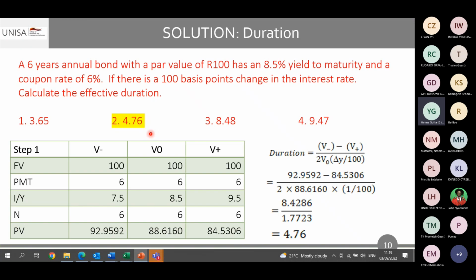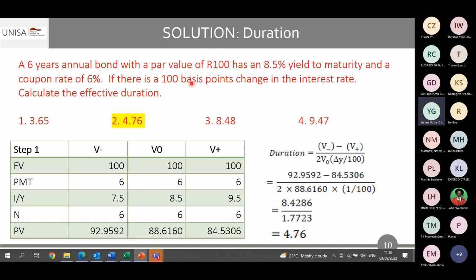So basically you draw up your table. On your table you have V minus, V0 and V plus. I start with the future value. It always remains the same, which is 100. It was given in the question. Our payment is 6. How do we get 6? We say 100 times 6%. If there is a 100 basis points change, that means it's a 1% change.